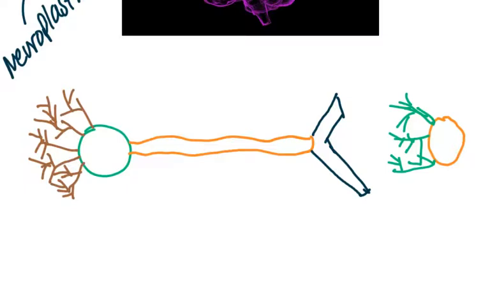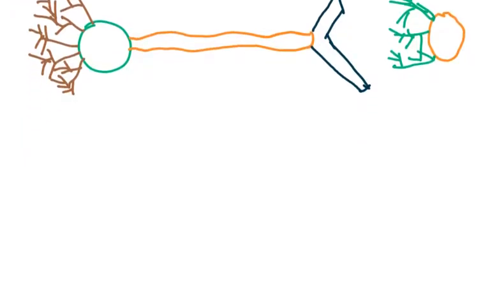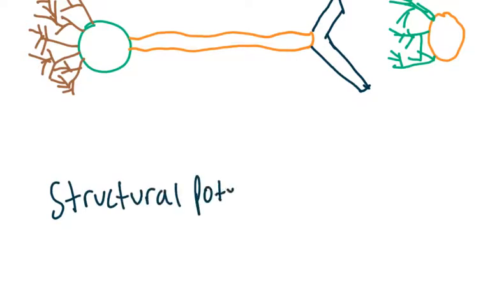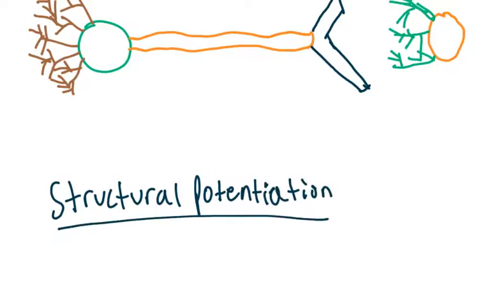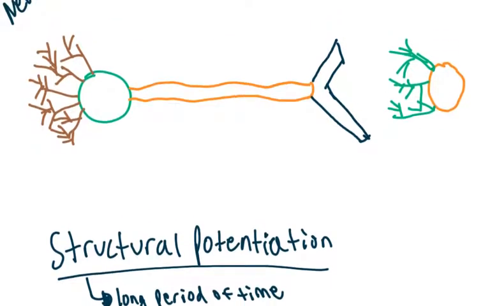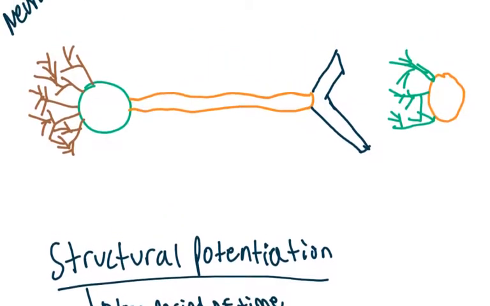And the reason you're faster at it could be because of structural potentiation. So structural potentiation, let me write this out, is known to occur over a long period of time. It's mostly known to occur over a long period of time.